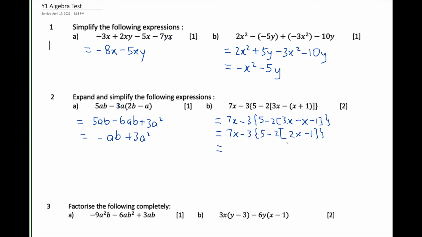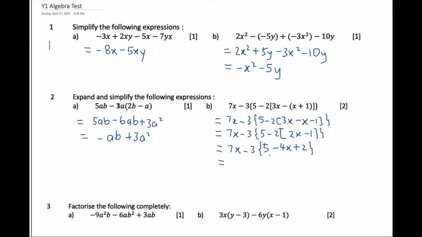Now we can open up the square brackets. Minus 2 times 2 is minus 4x. Minus times minus, which is plus 2. 2 times 1, 2.